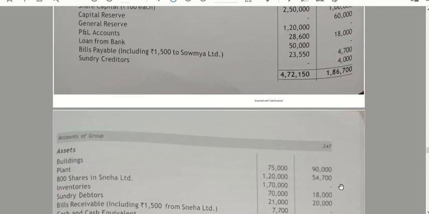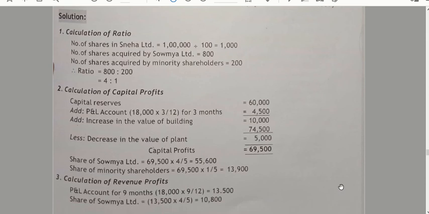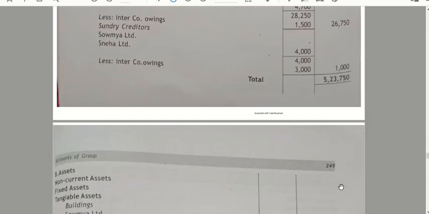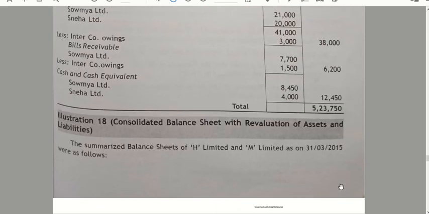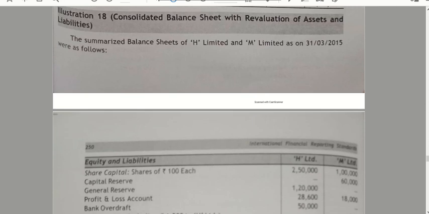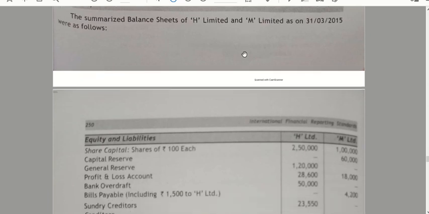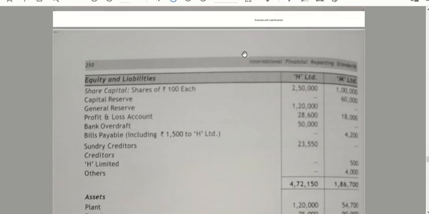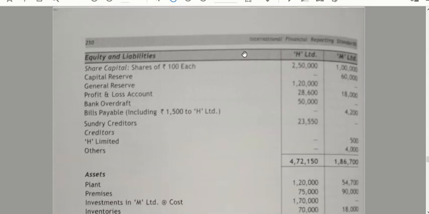Moving on to our next sum. Consolidated balance sheet with revaluation of assets and liabilities. The summarized balance sheet of H Limited and M Limited as on 31/3/2015 were as follows. So you have your equity share and liabilities.